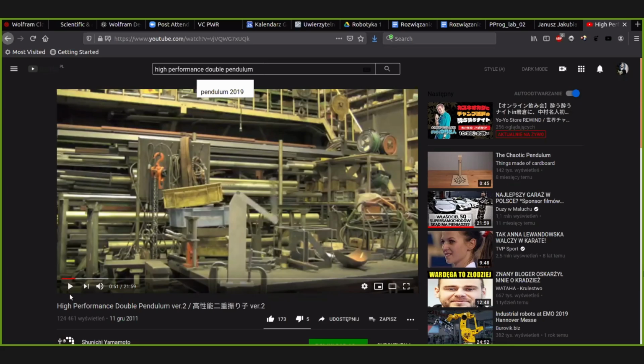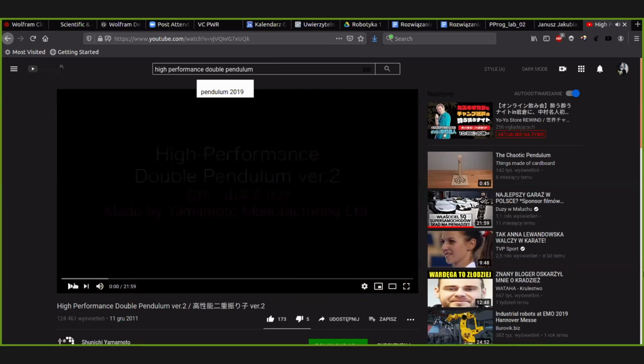Okay, unfortunately, I don't know why it doesn't want to run. Maybe my computer is too busy at the moment. Okay, wait a moment, probably it will. But anyhow, just please spend 2 minutes and try to open a web browser, go to YouTube and type high performance double pendulum, and you will see what I'm trying to show you, but it won't want to work.